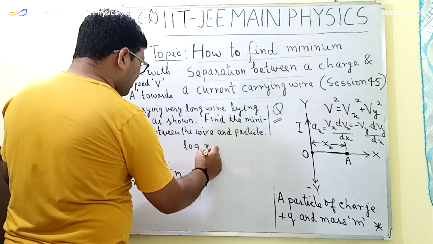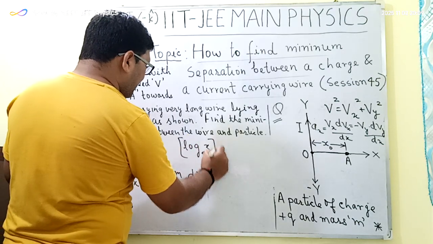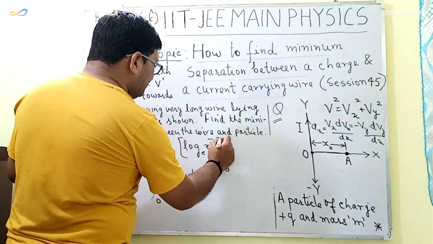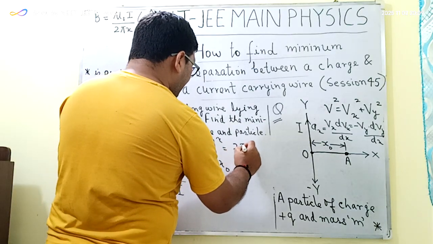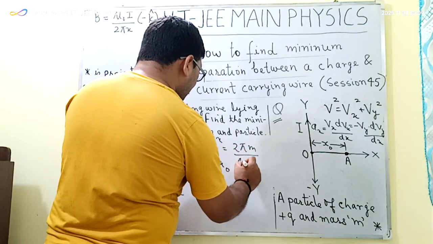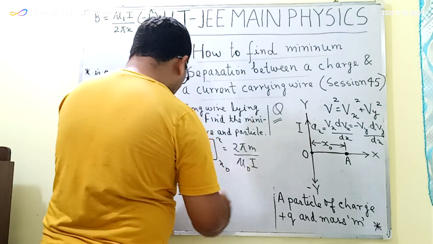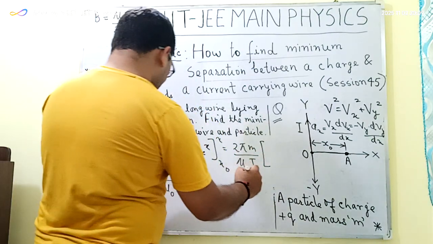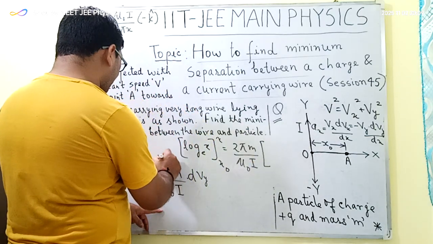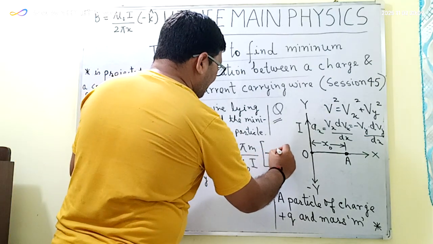This will be equal to 2 pi m upon mu naught I, which is constant, with the integral of dVy going from 0 to minus v. So I will be getting the value as minus v.